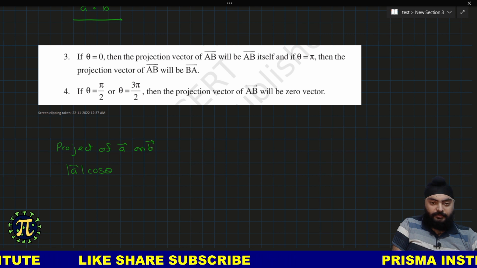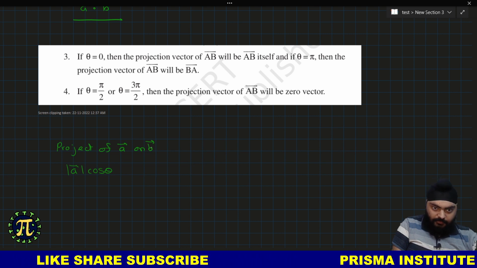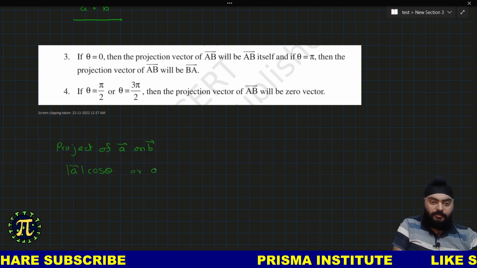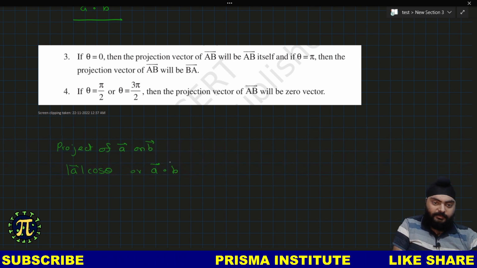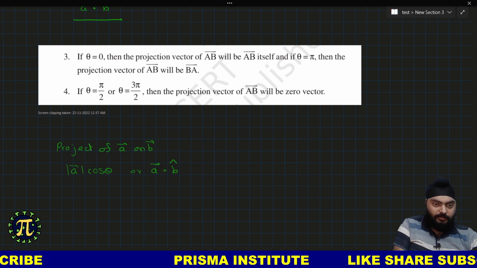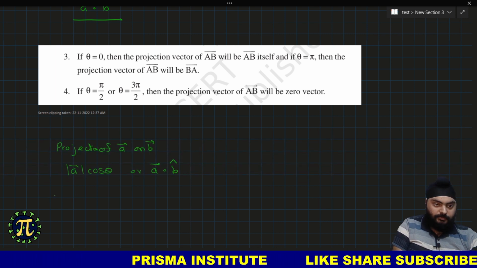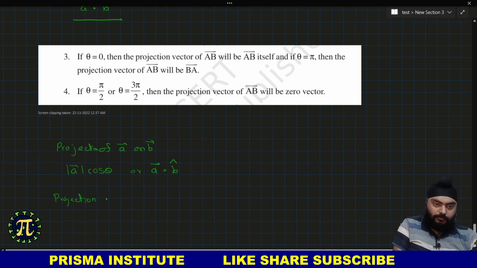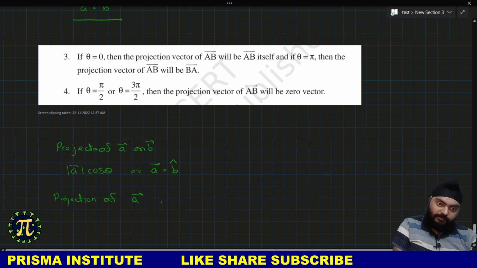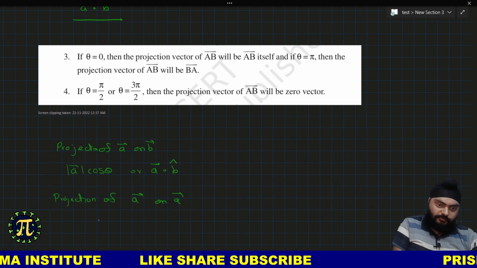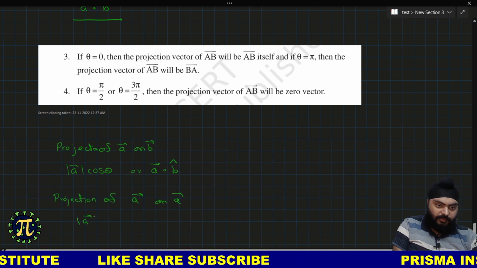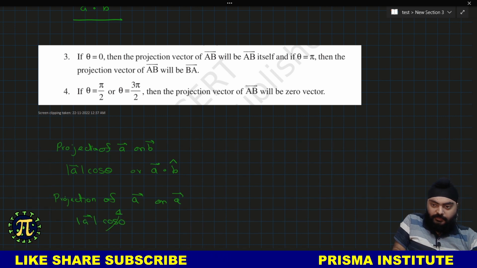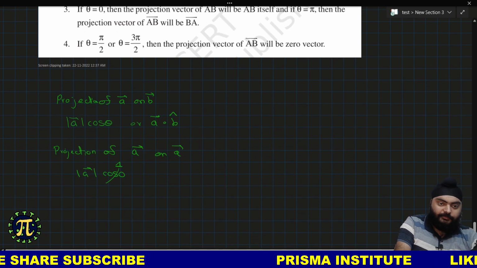So projection of A vector dotted with B cap, right? So what will be projection of A vector on A vector? So it will be nothing but A into cos 0. Cos 0 is 1, right? Okay, so it will be nothing but the magnitude of A vector, right?